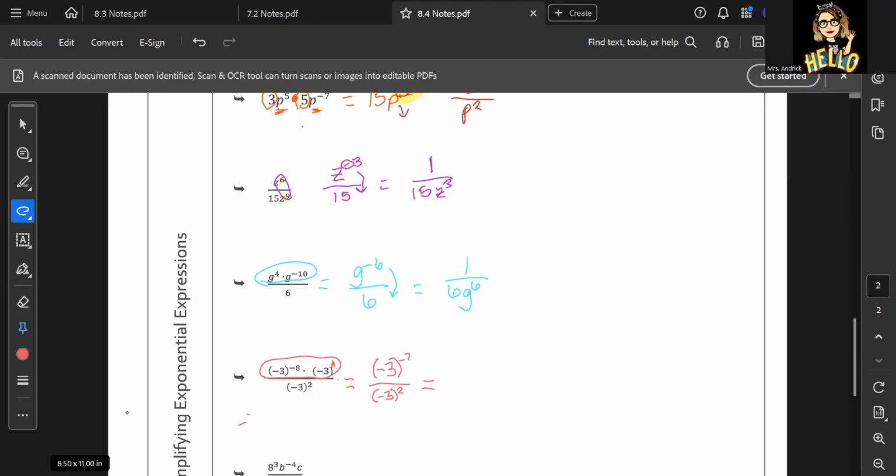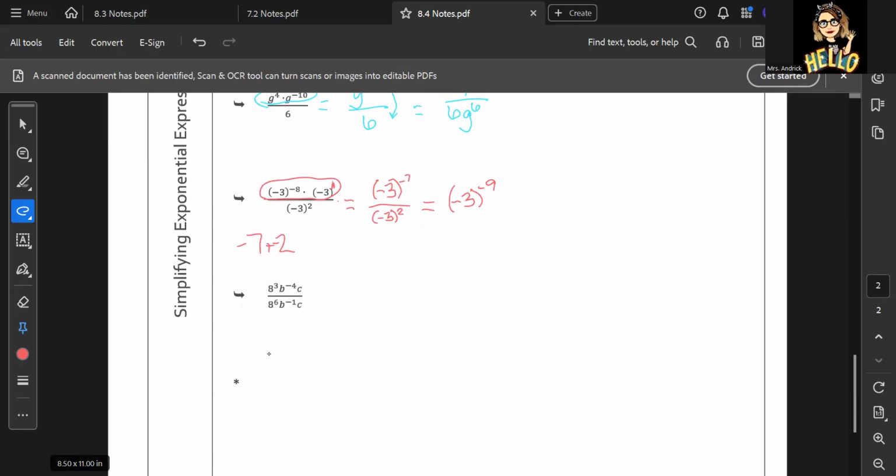Negative 7 minus 2 is not 5 because of keep, change. This is really negative 3 to the negative 9. I can't have negative exponents, so that goes down to the basement, and it's 1 over negative 3 to the 9th.